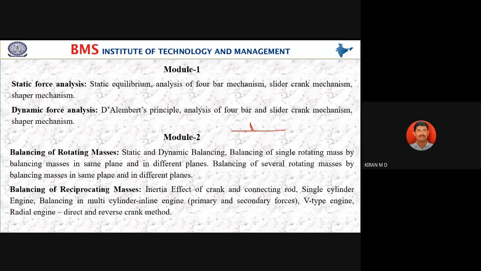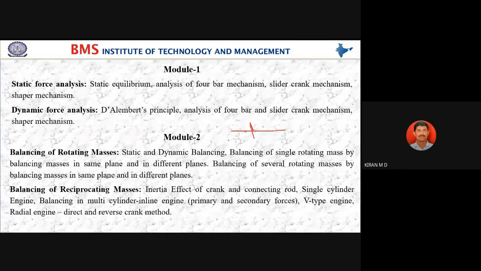Are you able to see this line? Even a very small force will disturb the rotation of this shaft. I need to balance this load. You are using that load for some application, so you cannot remove it. What you can do is apply some opposite force to balance, here only or in another place. If you apply this balancing force here, we call it balancing of a single rotating mass in the same plane.